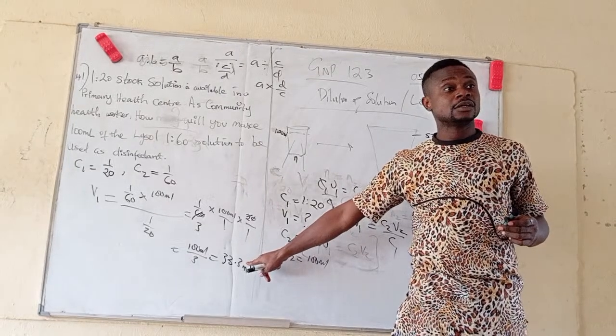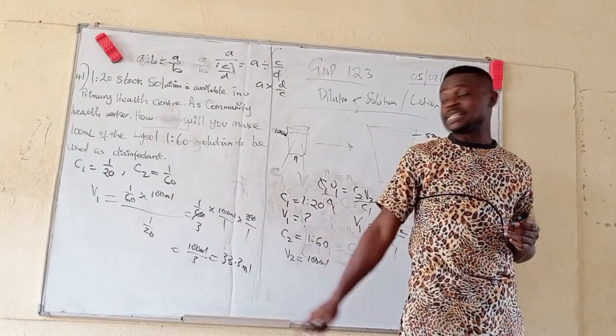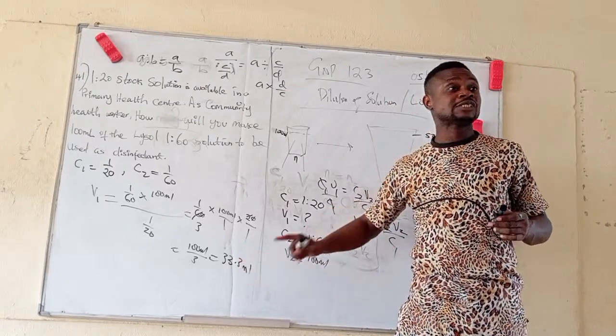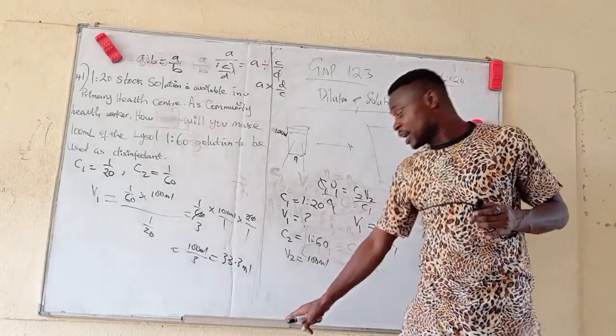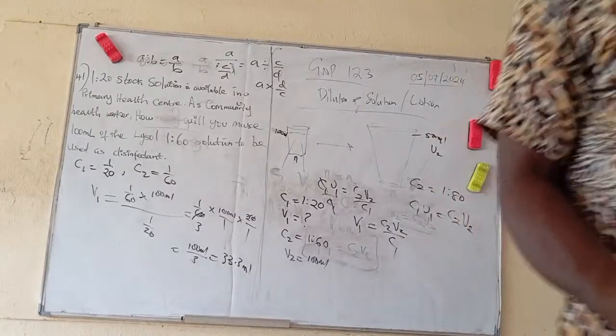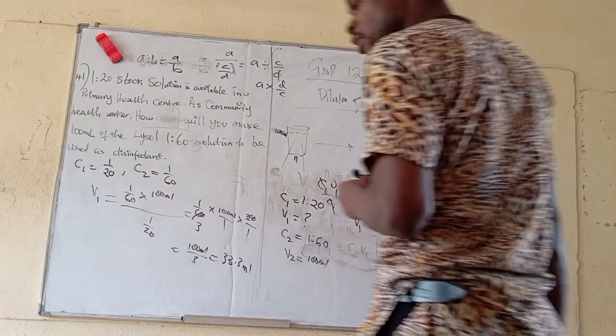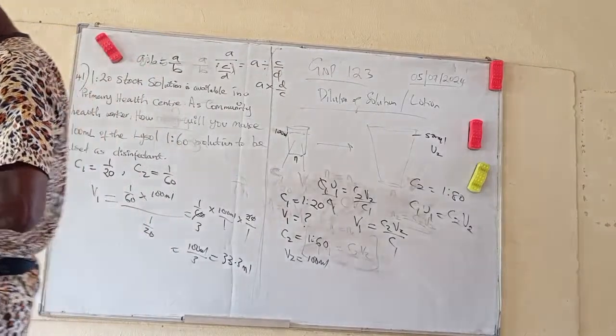If you use 33.33, you start carrying a calculator, and you get 99 point something, approximately. So to avoid approximations, use 100/3 ml as V1. Solve for V2 and tell me your answer. Solve it on your own now. It's simple. You can do it. I believe in you.